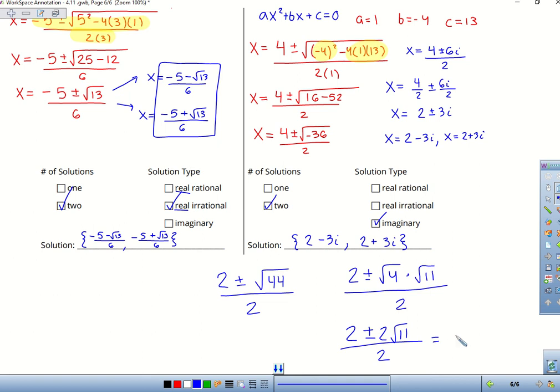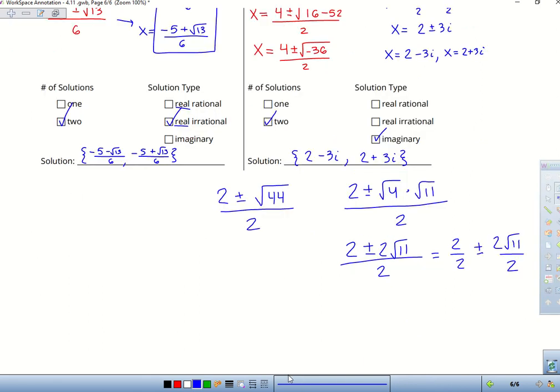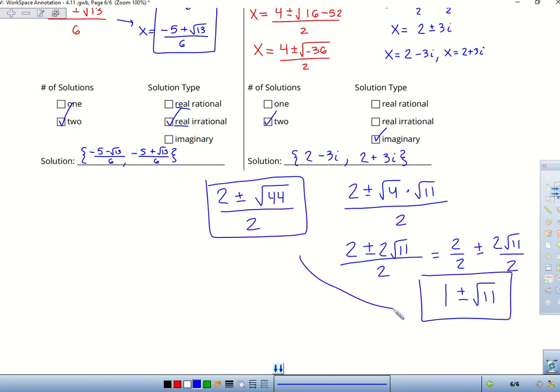And then that would become 2 over 2 plus or minus 2 radical 11 over 2, right? Which becomes 1 plus or minus radical 11. So see how this becomes this if you simplify properly. So just make sure you're fully simplifying your radicals and whatnot. Just be careful of that.